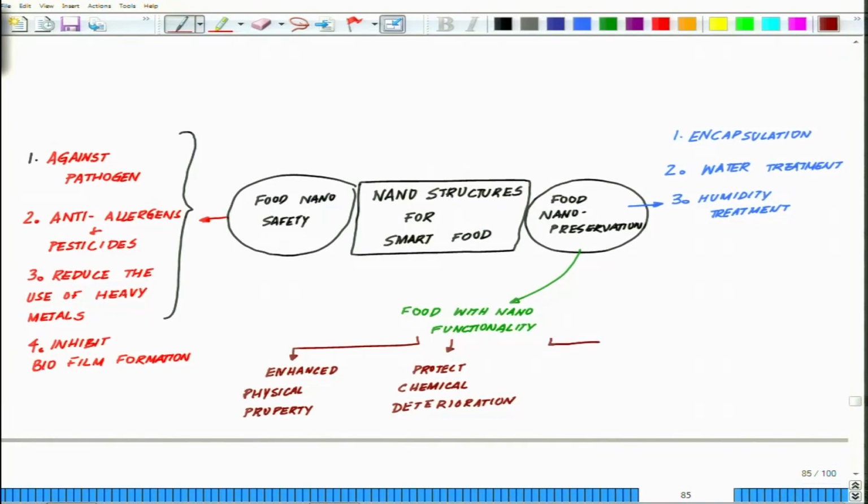Similarly, enhance nutritive quality. Okay.